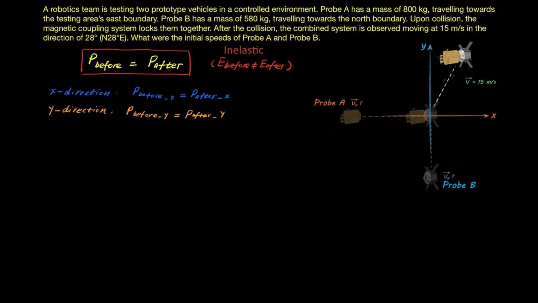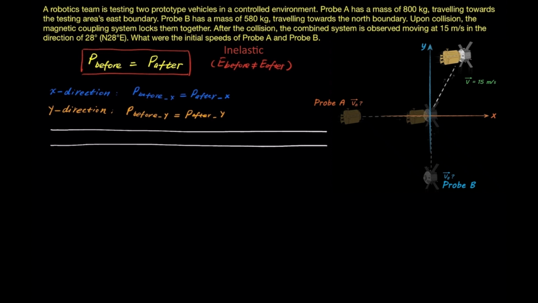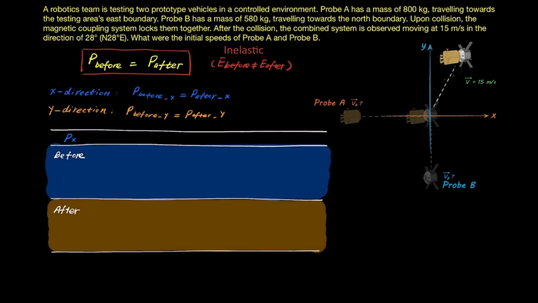Let's work on them one at a time, starting with the x direction. To keep all our variables straight and easy to track, let's create a simple table focusing entirely on the momentum in the x direction, or px. We need to find the momentum before the collision and after the collision.